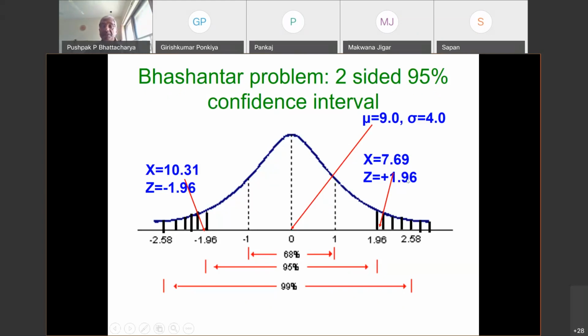Notice that 10.31 is now to the left and 7.69 is to the right. Let us not make the mistake of placing 7.69 to the left of 0 and 10.31 to the right of 0, because this curve is for z value, not x value.